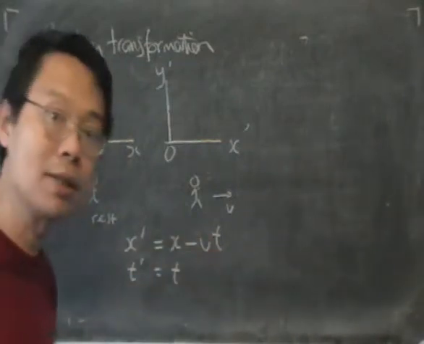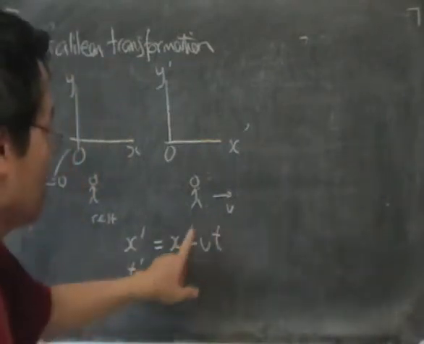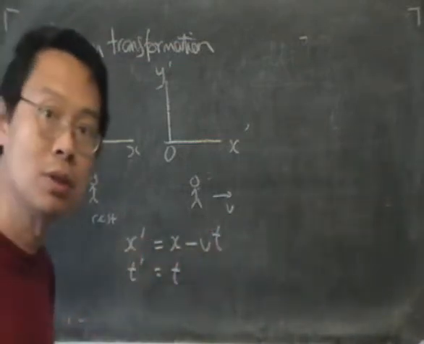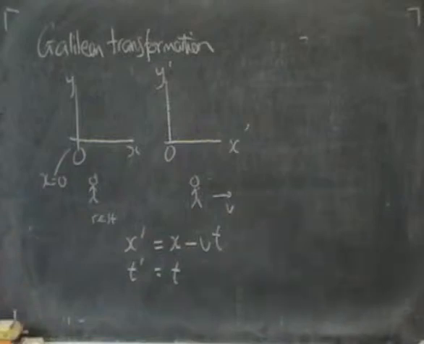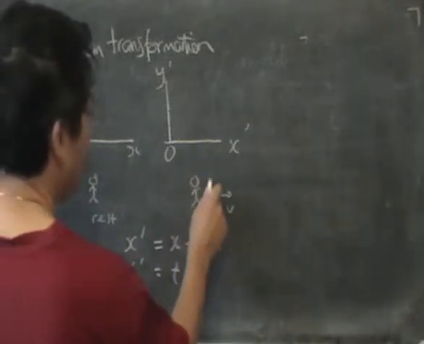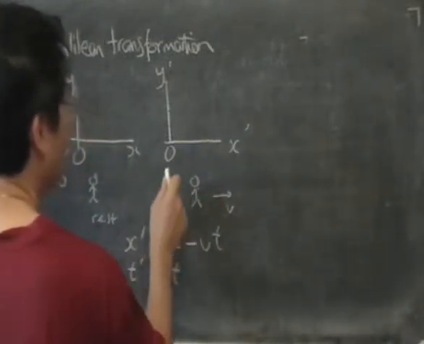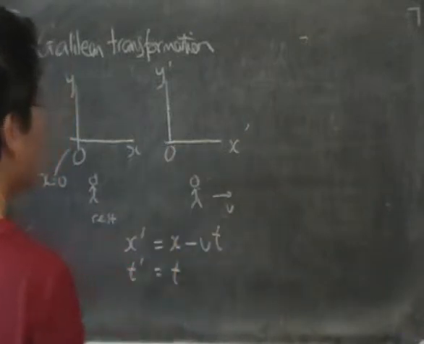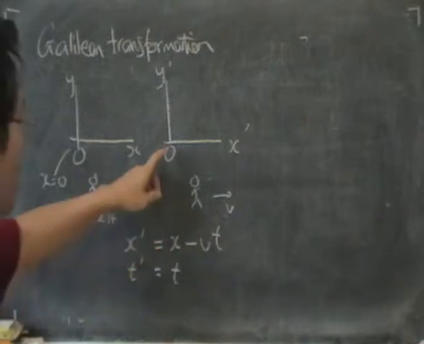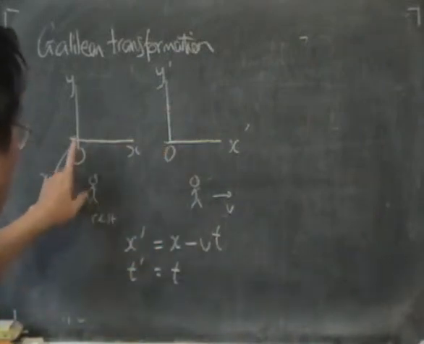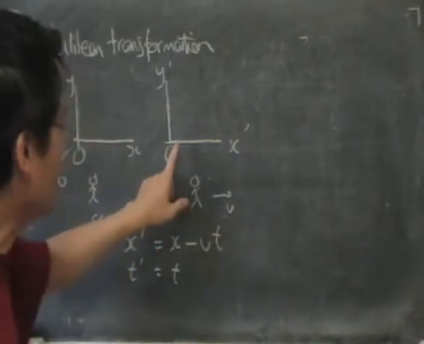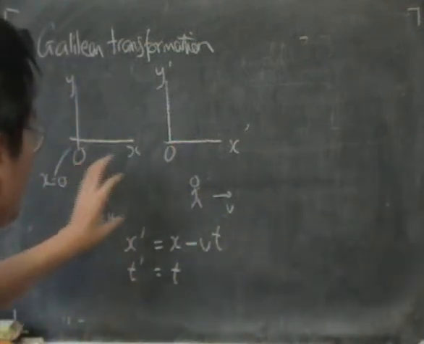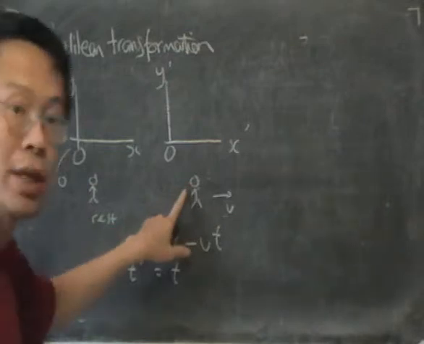But as time passes, you see this term here, it becomes more negative. So x prime becomes more negative. And what this means is that from the viewpoint of this moving observer, he thinks that at first the origin of the other observer is at his origin, but as time passes, the origin of this observer moves more and more to his left.